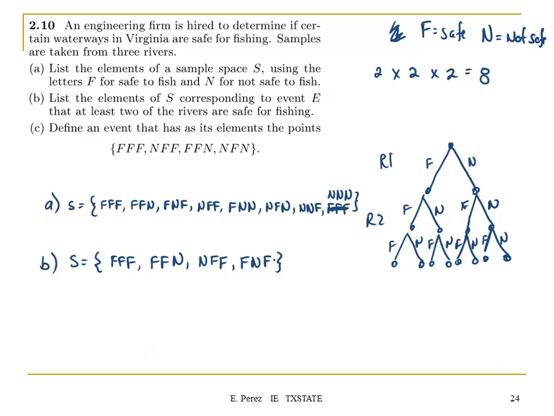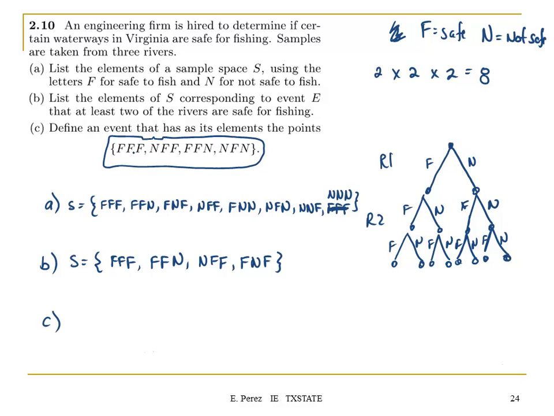Okay? Part C: define an event that has as its elements all these points. So what will be such an event that has these outcomes? Correct. If you look, all those outcomes have F on the second position.